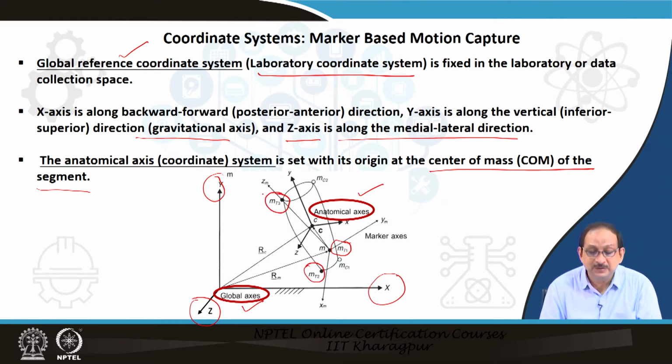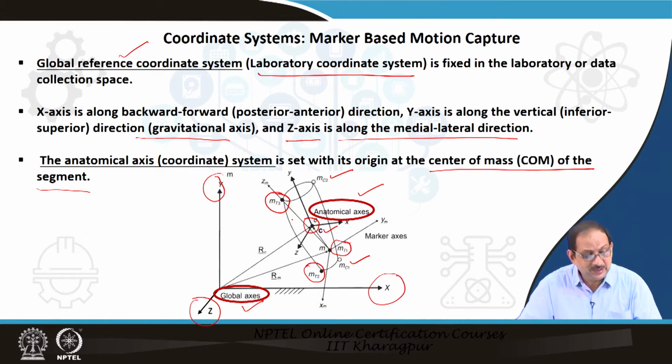And there are two calibration points, just to show only 2 points, MC1 and MC2, in the figure. And the center of mass is actually C, which is the point C as indicated in the figure. This is the center of mass of the body segment.